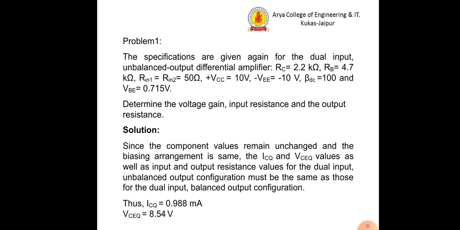All the parameters given are the same as the problem we discussed in our earlier lecture, and using the same calculation we find the operating point, that is, the collector current IC equals 0.988 milliampere and VCQ comes out to be 8.54 volts.